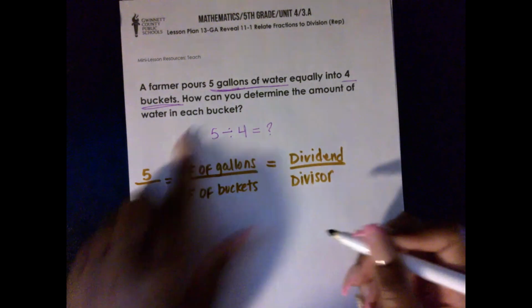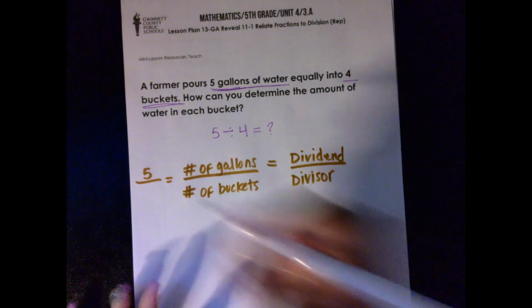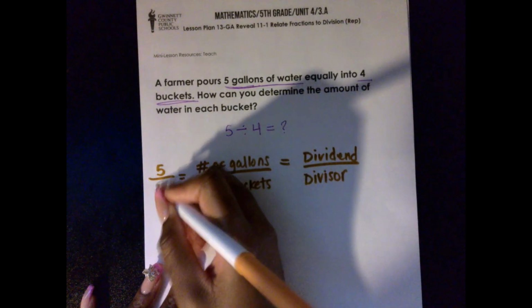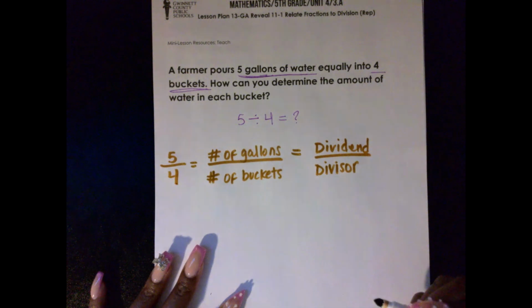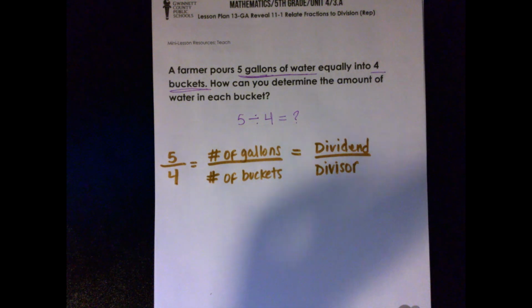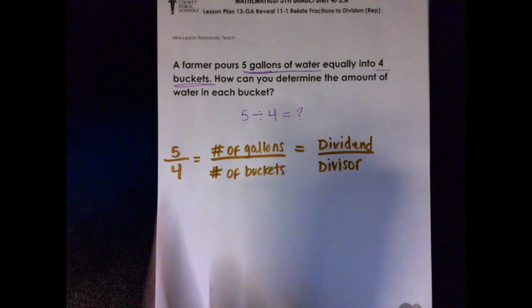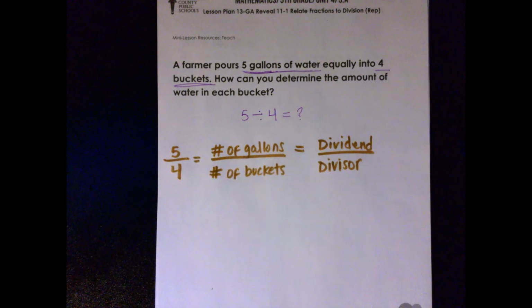And then our buckets, there were 4 buckets. That's how we partitioned our gallons into fourths. So see, I can represent division as a fraction. My 5 divided by 4 is the same thing, 5/4. That's my number of gallons divided by my number of buckets. My dividend divided by my divisor.